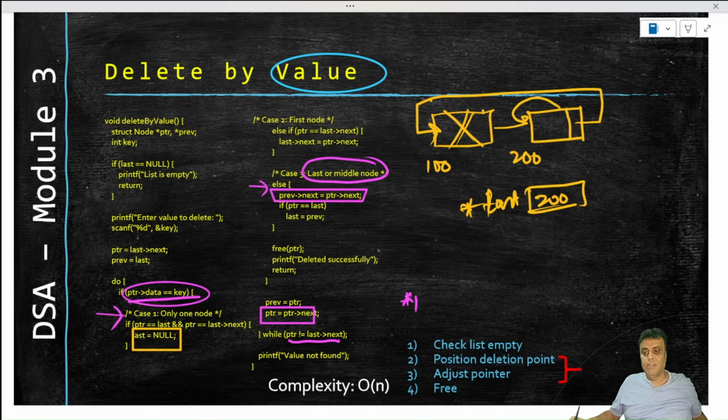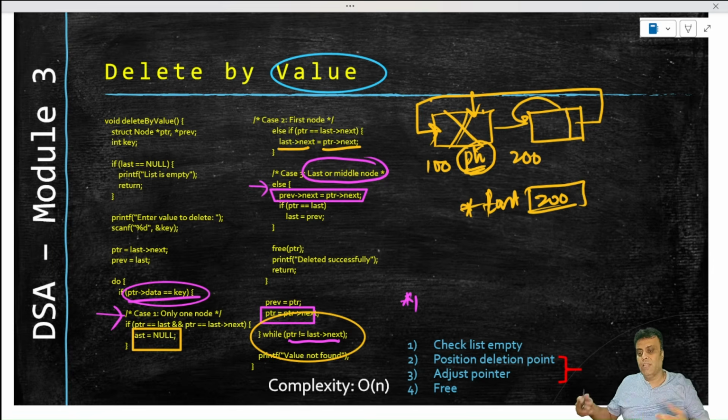Last should still remain at 200, but that particular next should point to itself. And how do we get itself? This is our pointer. Our browsing algorithm will take our pointer to point here, right? Which is our browsing algorithm? We have discussed that, right? This is the loop, this is the browsing algorithm.